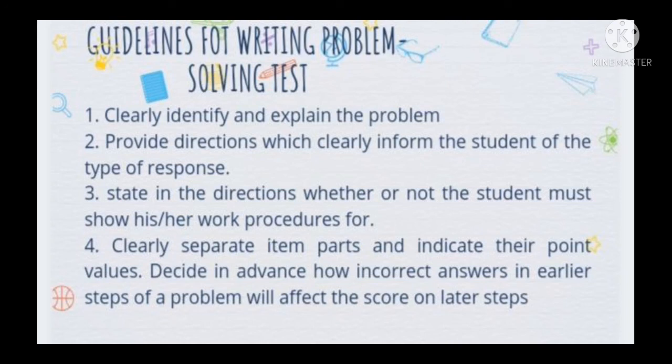Third, state in the directions whether or not the students must show their work or procedures. Fourth, clearly separate the parts and indicate whether the students will show their solutions. Decide in advance how incorrect answers in earlier steps will be scored, such as in a scientific method or the procedures of experiments. In constructing a problem test item, you should also use figures or illustrations as well as real situations which create realistic problems and solutions.